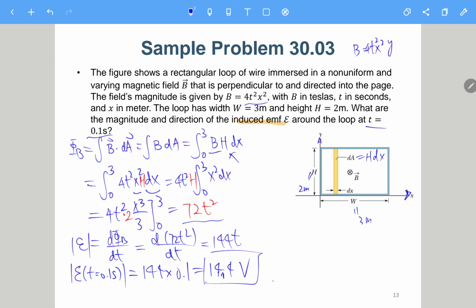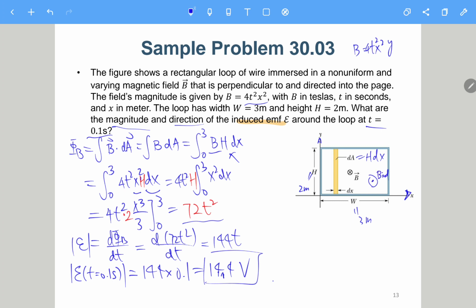So this is the magnitude, and also the direction. For the direction, we can see B is pointing into the page. It is always positive, and if t is larger, this one should be larger. You can clearly see that. So B is pointing into the page and increasing, which means the induced B should be pointing out of the page.